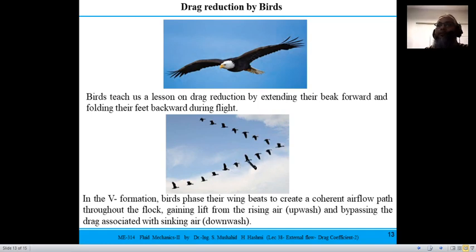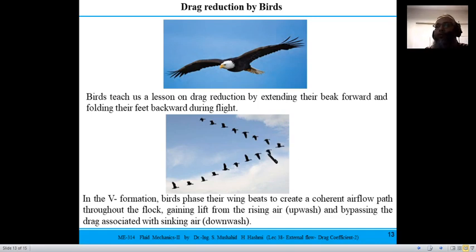So this V formation helps them quite a lot, and not just the drag reduction, but one more effect, that is the heat transfer, because they lose heat from their body, and once they are consuming more energy, their body temperature is also affected.